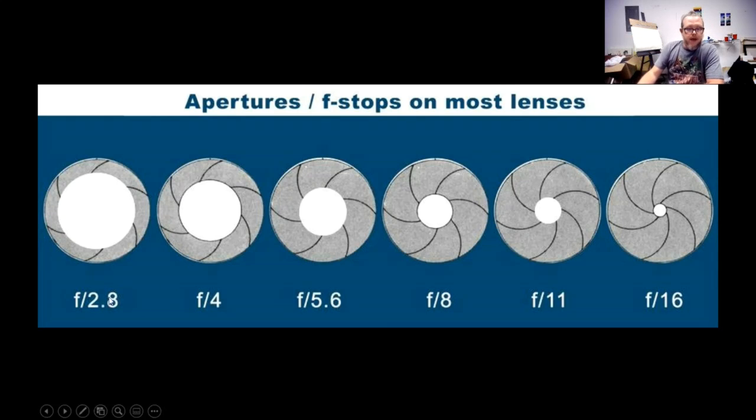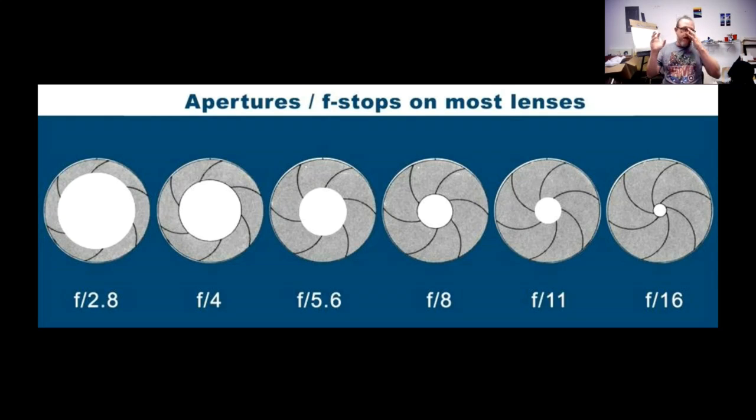And what we see here, 2.8, 4, 5.6, 8, 11, 16, these are some of the original standards. Now, a lot of digital cameras nowadays have lots of little extra stops along the way. But in the early days of photography, when everything was trying to get as standardized as possible, what they tried to do was to make everything where it was in magnitudes of 2.